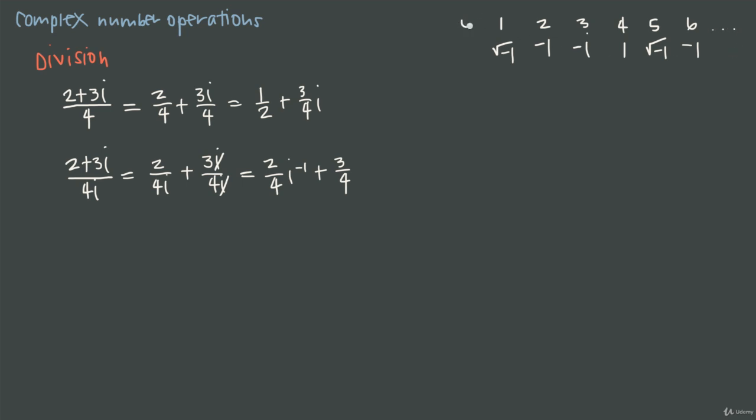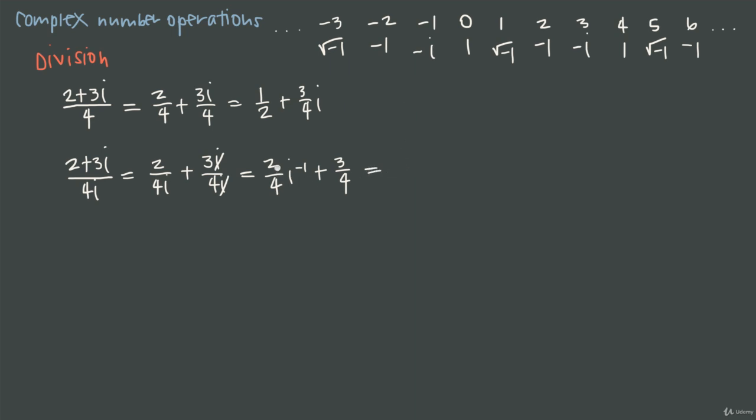We also knew that i to the 0 was going to be 1, and so you see the pattern repeating in this direction as well. Well, the same goes for negative exponents. Here we have i to the exponent of negative 1. If we take our exponents this way, the next value in the pattern should be negative i. i to the negative 2 would be negative 1. i to the negative 3 would be i, and the pattern can continue on this way for negative exponents. So i to the negative 1 is going to be a negative i.